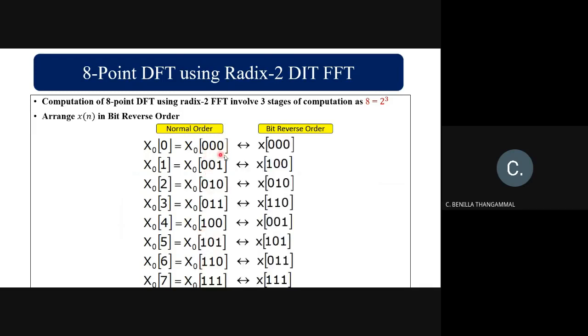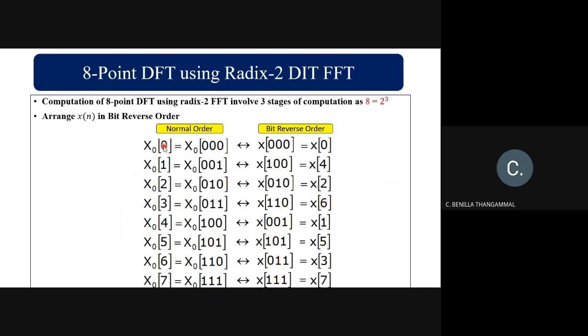That is 000 reversed is 000, 001 reversed is 100, 010 is the same 010, 011 is 110, 100 is 001. So all the binary values get reversed here. And now I take its corresponding values, which is nothing but x of 0, 4, 2, 6, 1, 5, 3, and then 7.